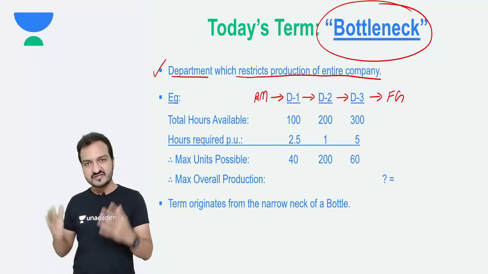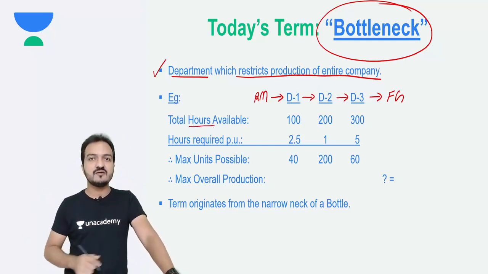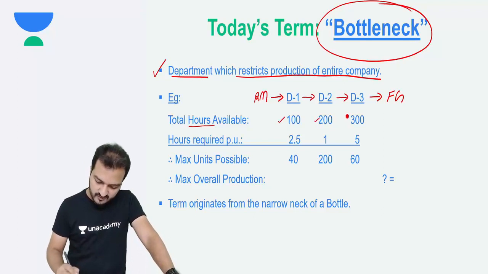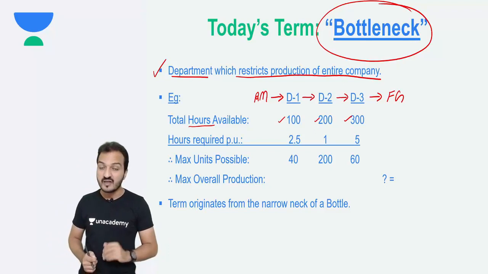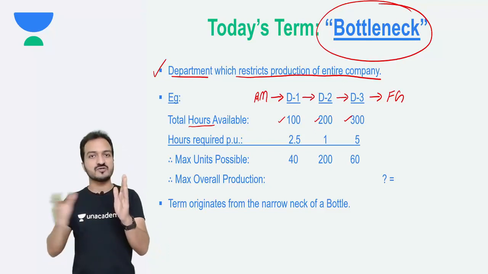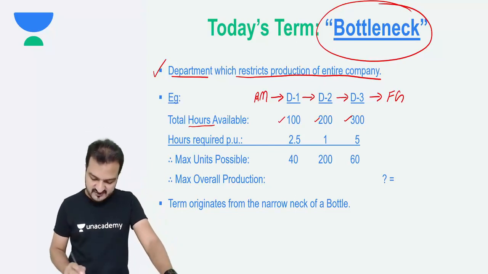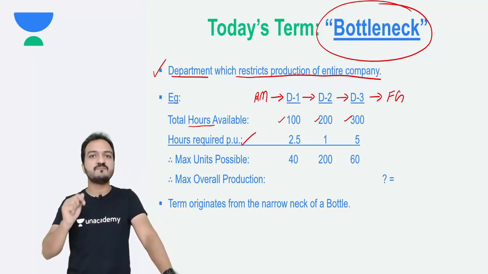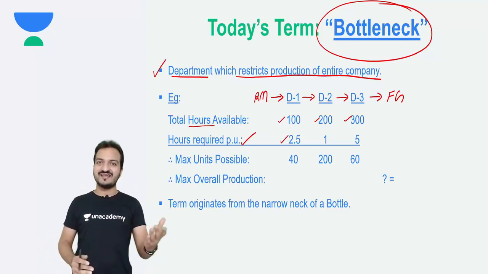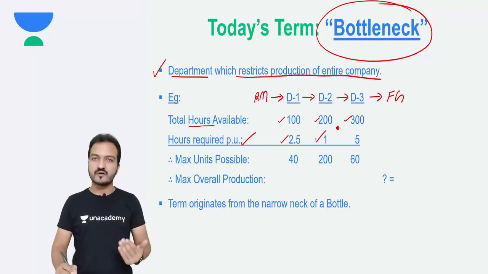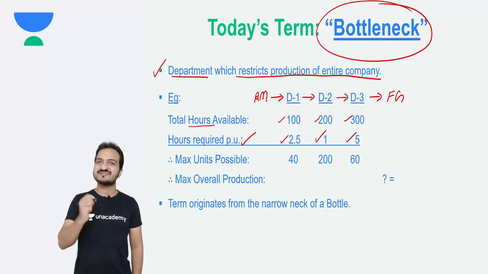Let's say the capacity of each department is measured in terms of hours available: 100, 200, 300 hours are available in D1, D2 and D3. Each unit passing through these departments will require this many hours per unit. One unit requires 2.5 hours to process in D1, 1 hour in D2, and 5 hours in D3.